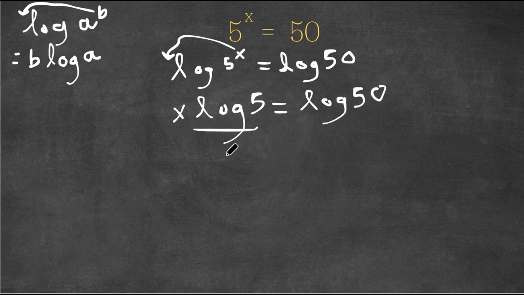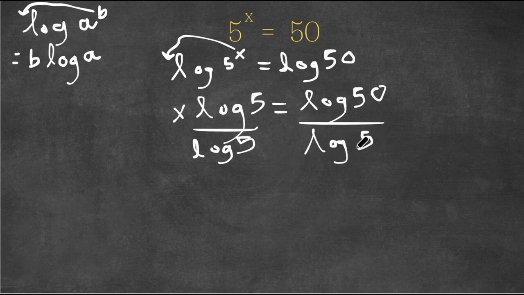Now we want to isolate x, so I'm going to divide both sides by log 5. So then these two cancel out, and I'm left with x is equal to log 50 over log 5.